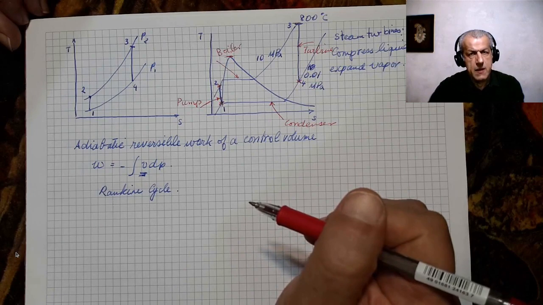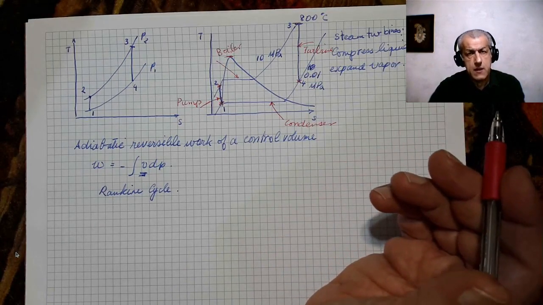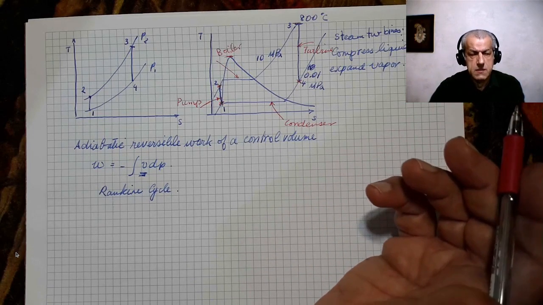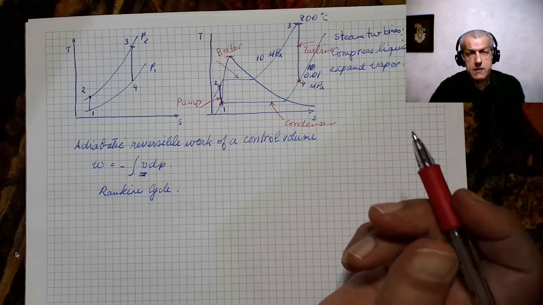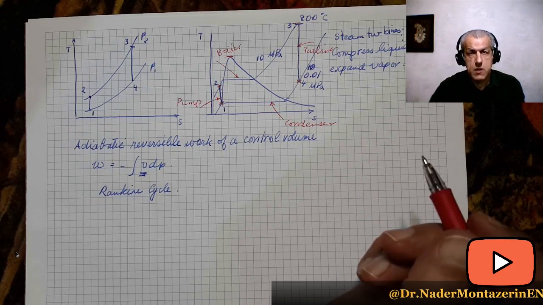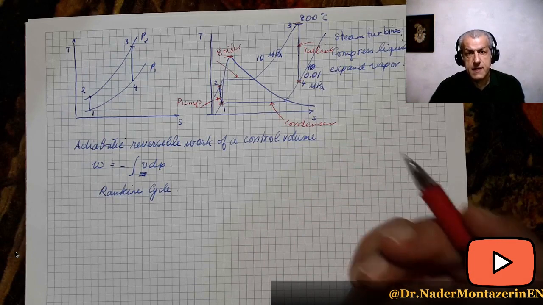Unlike gas turbines, where they were generally open cycles, and they couldn't be closed cycles because air in them would mix with the fuel and it would burn and it would lose its oxygen. So it couldn't be recycled inside this system.